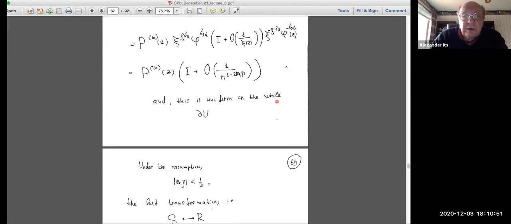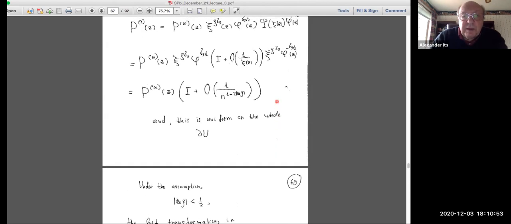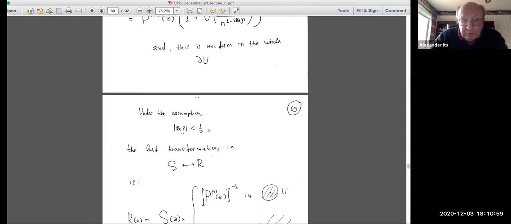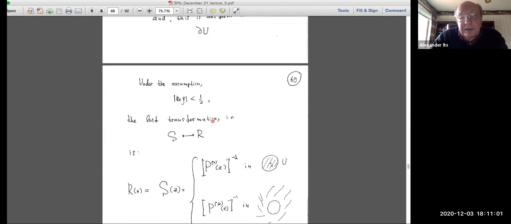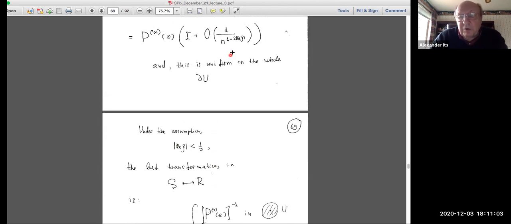So now we have P infinity, we have P1, and we have this relation on the boundary for P1 and P infinity. Now, how do I perform them? Well, first of all, by the way, it is temporary. Of course, to make this small, I have to have real part of beta less than 1/2.